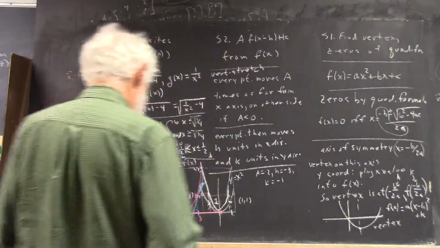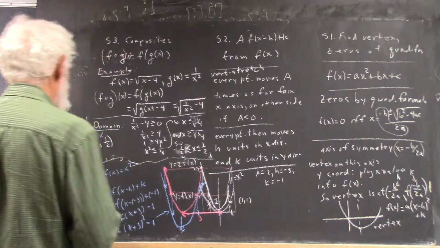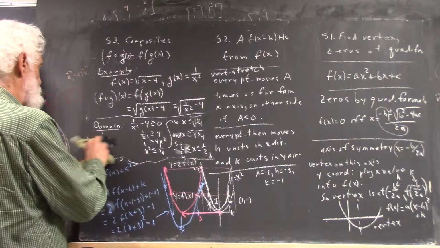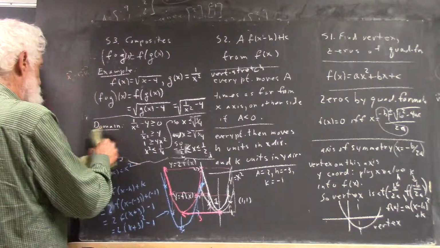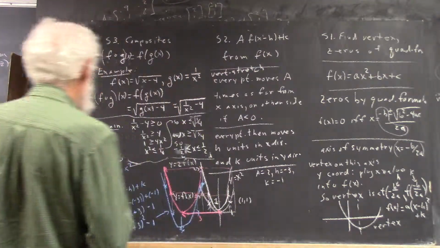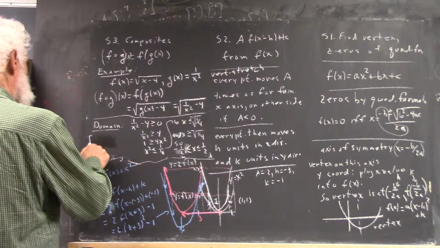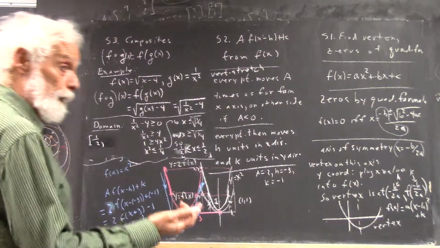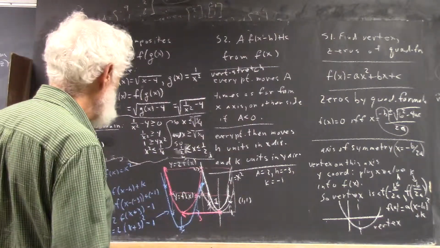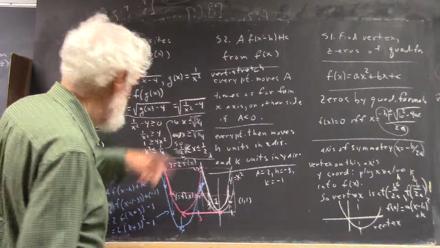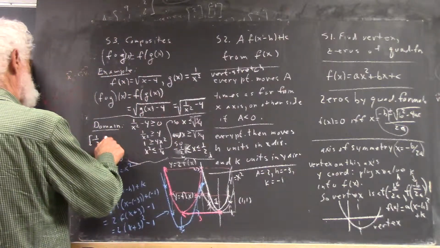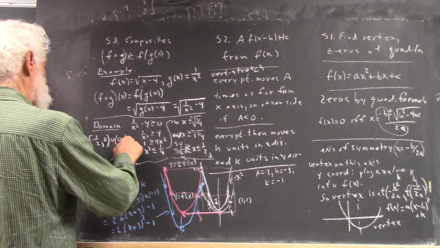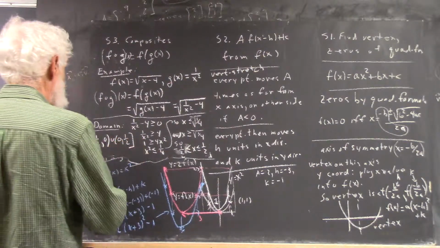The domain includes negative 1/2. Does it include all numbers up to 1/2? Well, no, because it can't include 0. So the domain is negative 1/2 to 0, not including 0, union 0 to 1/2, including the 1/2.